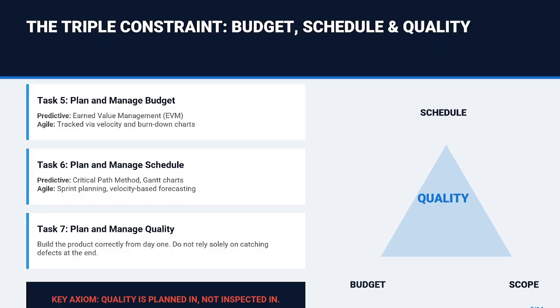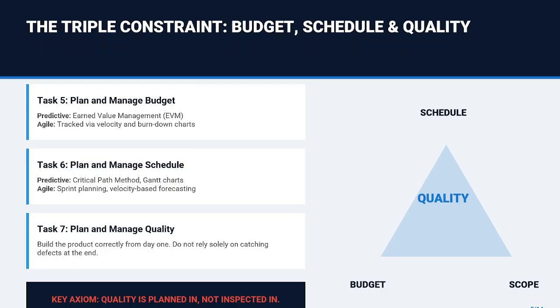Tasks 5, 6, and 7 cover the classic triple constraint: budget, schedule, and quality. For budget and schedule, you must understand earned value management, EVM, for predictive projects, and velocity or burn down charts for agile projects.